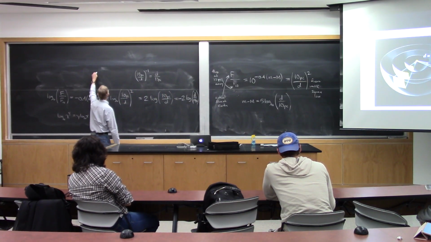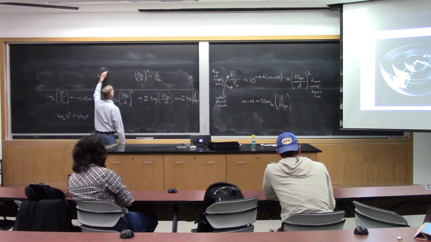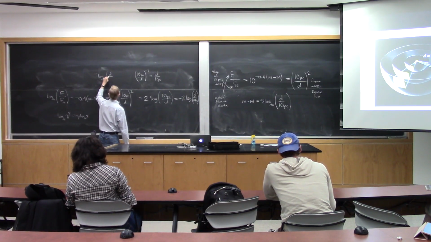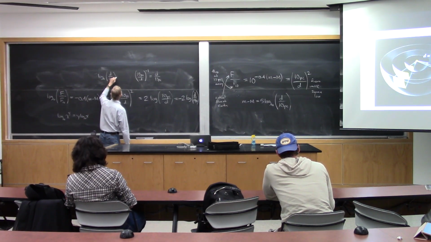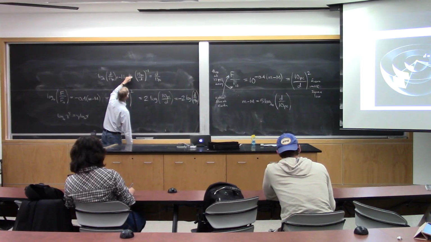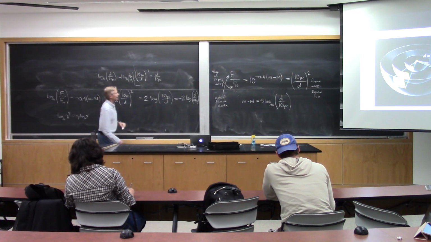So the base 10 logarithm of d over 10 parsecs is minus 1 times the base 10 logarithm of 10 parsecs over d.